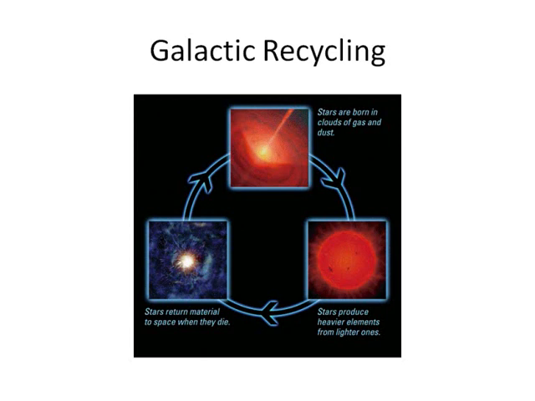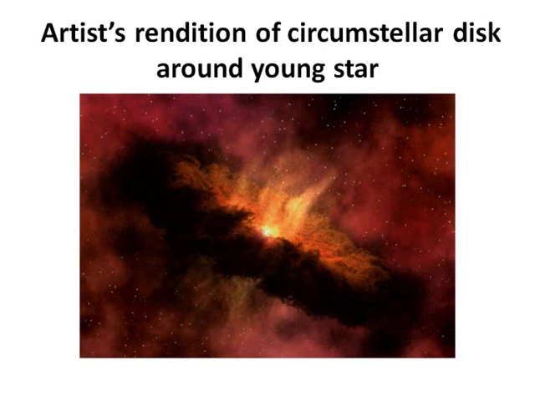When stars die, they release much of their content back into space, including newly produced heavy elements. This material can be recycled into a new generation of stars. Our sun actually is a third generation star.